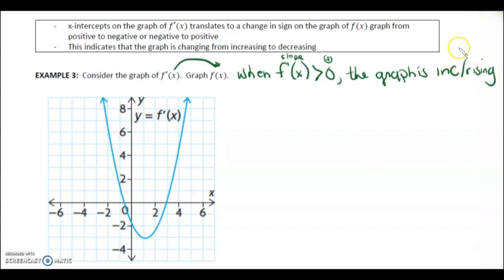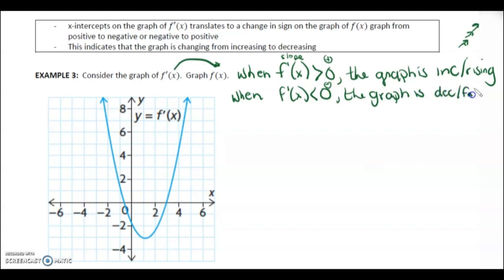And obviously we read left to right, so rising to the right. Okay, and then another note from what we just did: when that slope is less than 0, in other words negative, the graph is decreasing or falling.